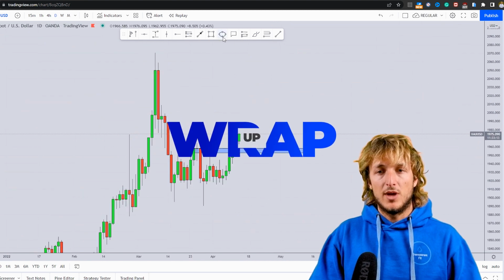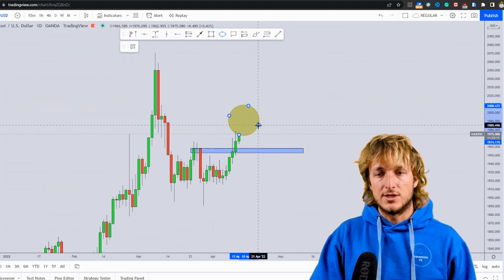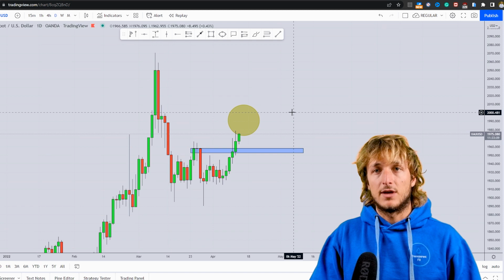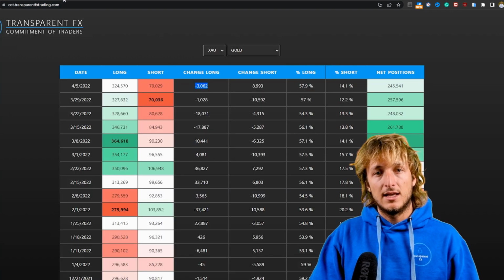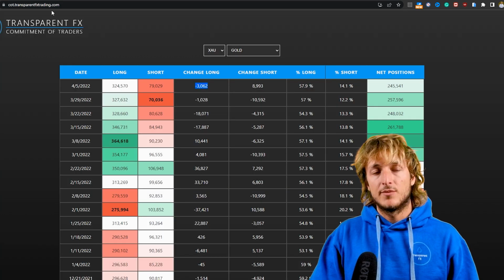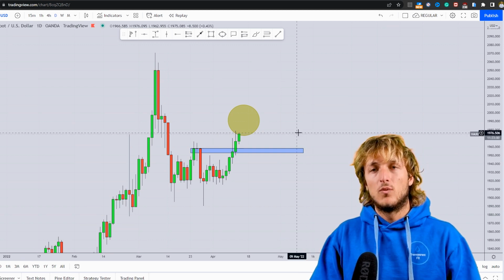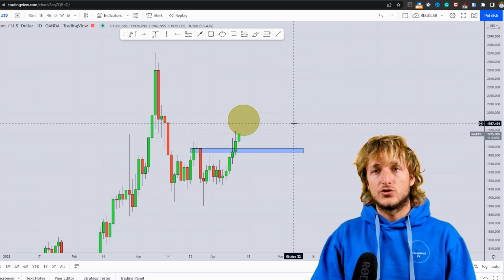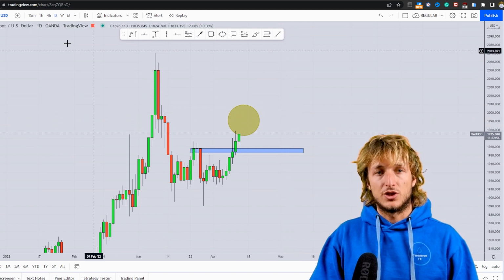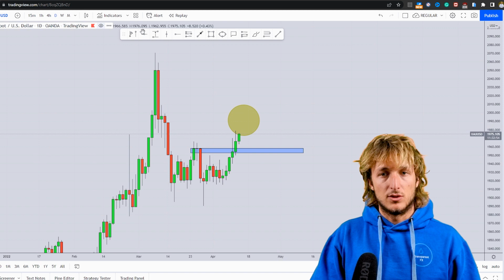So how we could be approaching this situation. Now, as usual, trading is reactive and not predictive. The monthly, weekly, and daily combined with the COT data, those are the best timeframes from a directional perspective. However, when it comes to confirmations and entries, the best timeframes are the intraday timeframes, so 4 hour and lower.